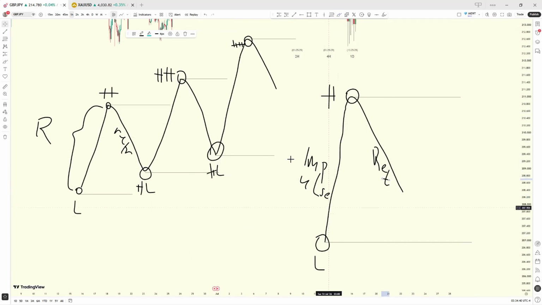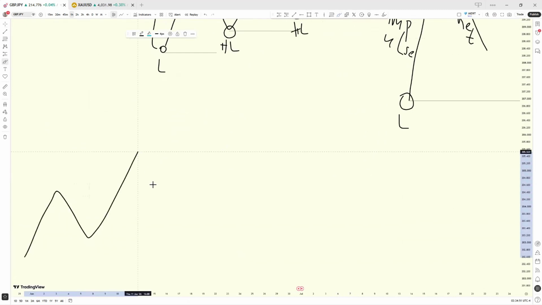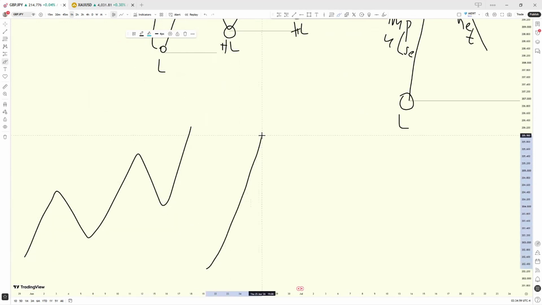Now, I want to tell you why this is called an impulsive move and why this is called a retracement move. Mostly, if a market structure is bullish, the time that it is going up usually goes up with speed. That's why we call it an impulsive move, like a force, an impulse, boom.